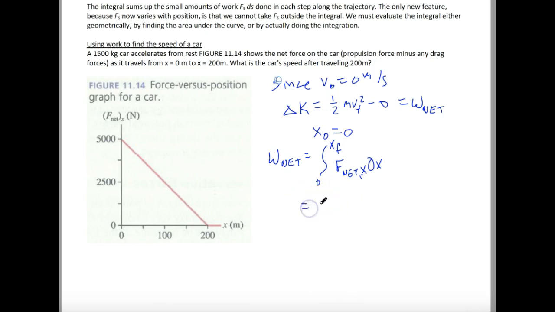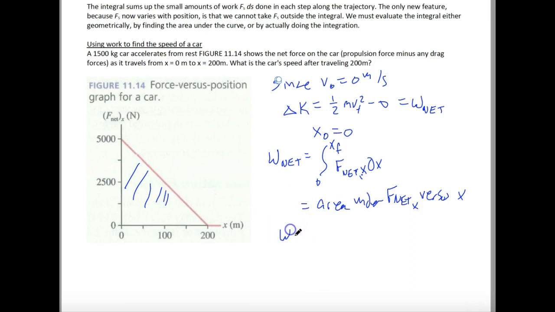This is really just the area under the net force in the x direction versus x. So that's this area right here.